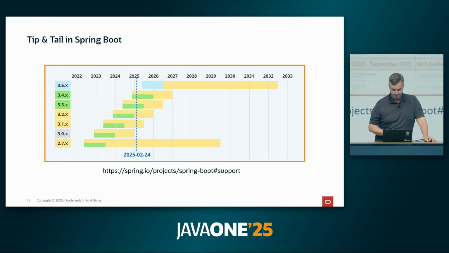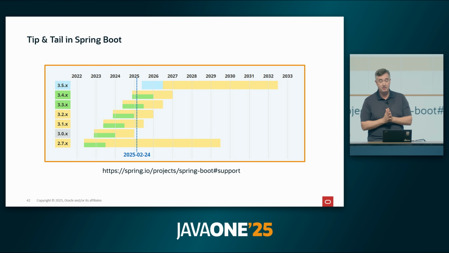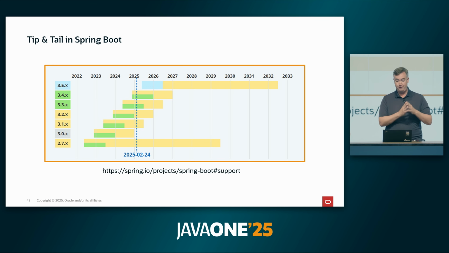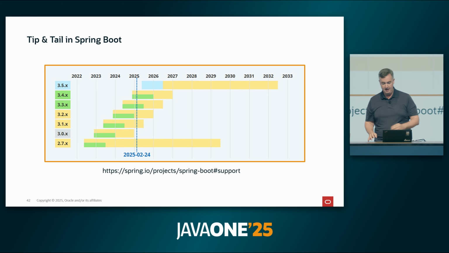Another example of a library that practices tip and tail is Spring Boot. New features are added only in the tip train. Only bug fixes are backported to tail trains. Like the JDK, there's a new tip release every 6 months: 2.7 and 3.0 in 2022, 3.1 and 3.2 in 2023, and so forth.